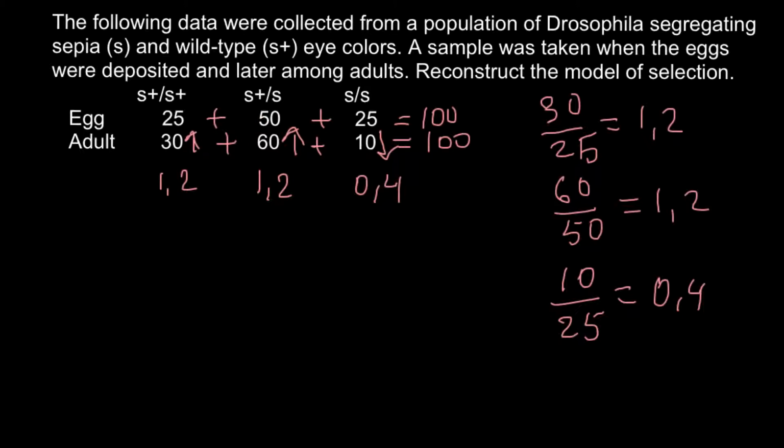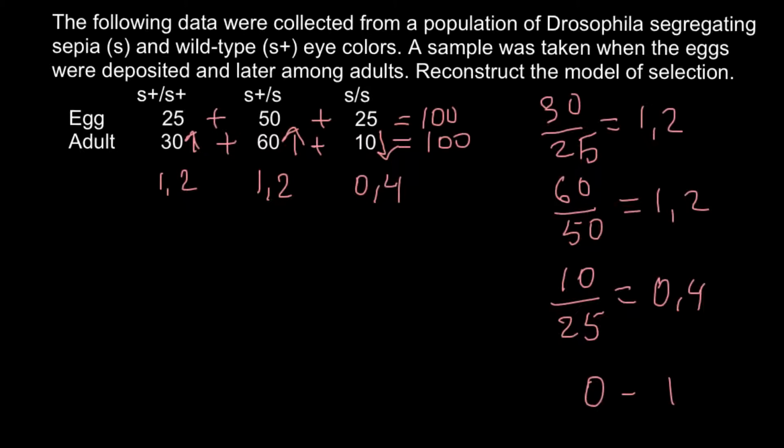But these would be absolute numbers, and in order to work with scientific data, we need to bring these numbers onto a scale between 0 and 1. We call this relative fitness. In order to find relative fitness, we just have to use the fitness of the fittest genotype.